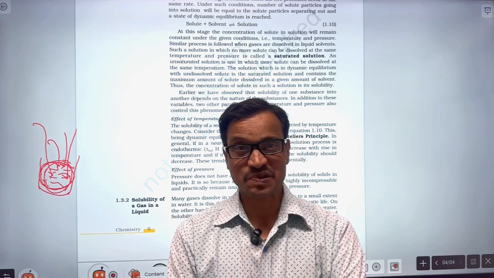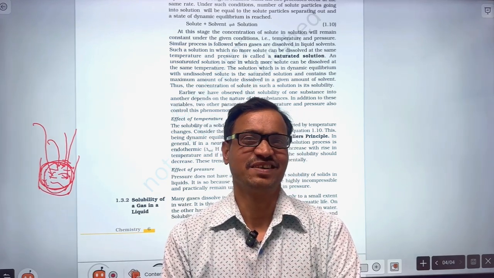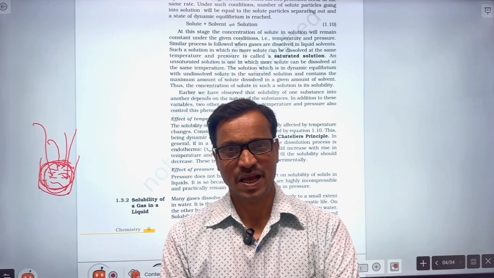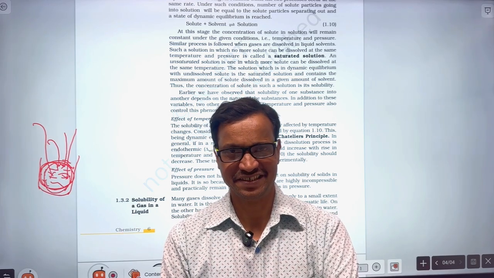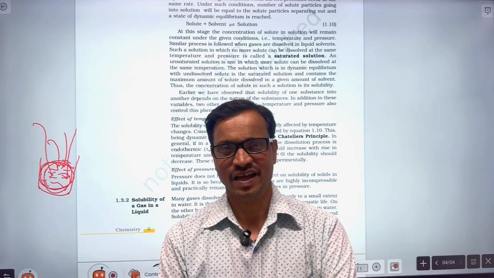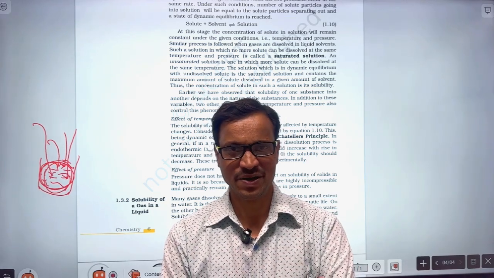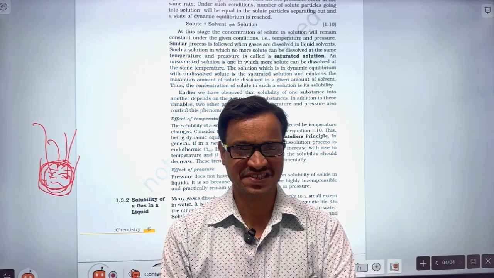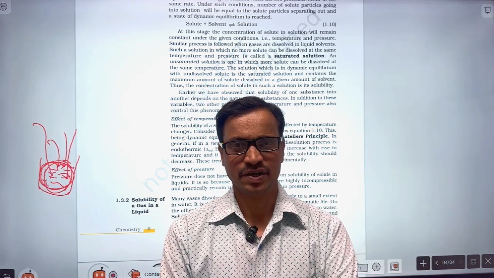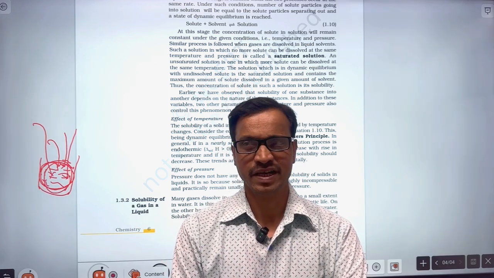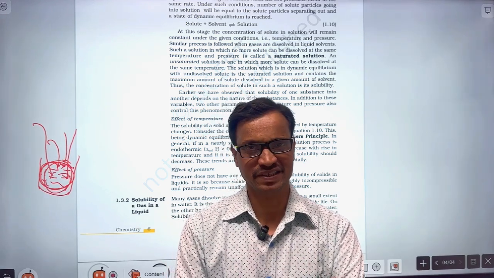And what is an endothermic process? That means the process in which there will be absorption of heat. That is called an endothermic process, as opposed to an exothermic process. An endothermic process is the process in which there will be a requirement of heat energy.